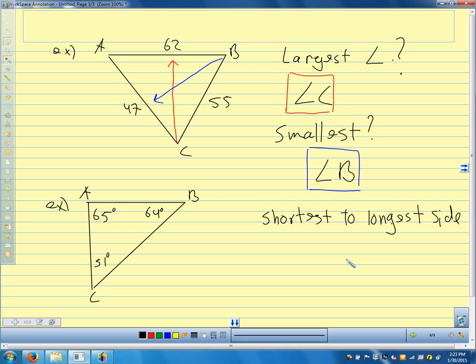If it helps you can draw the little arrows like I did on the one above.